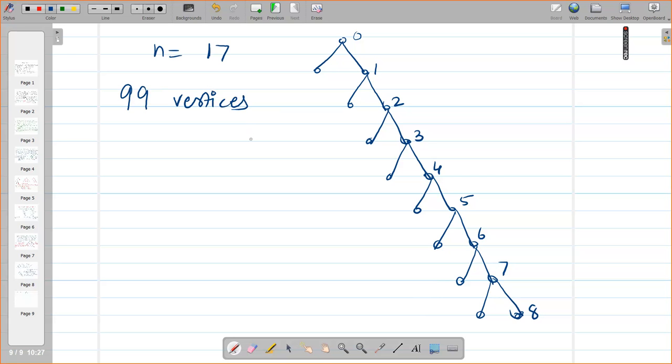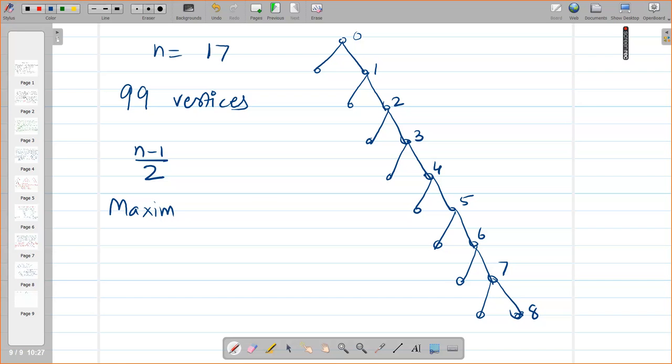We should be able to get the answer by using a formula only. If you observe here, the answer is 8. So that comes to (n minus 1) by 2. So the formula to find the maximum height is (n minus 1) by 2. Without drawing the tree, you can just tell the maximum height of the binary tree.